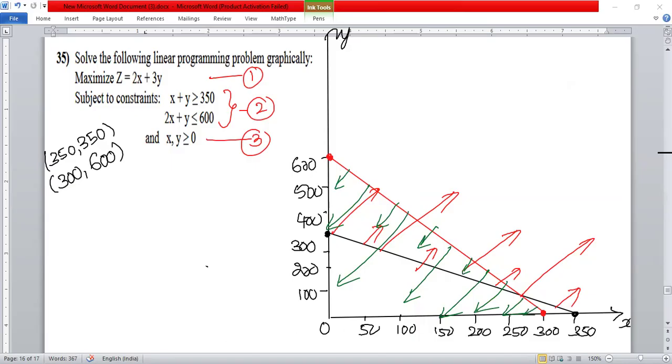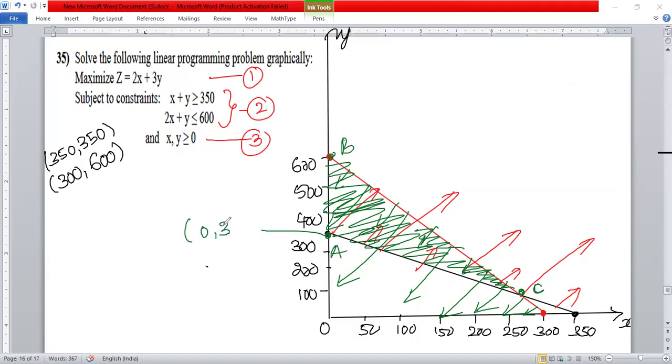Look at this area, both the colors coincide. Okay, only this area. This is the three corner points we get, A, then B, here is the C. Okay, A corner point 0, 350. The B corner point 0, 600.